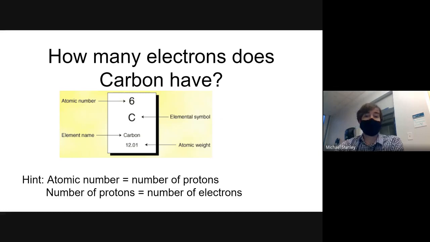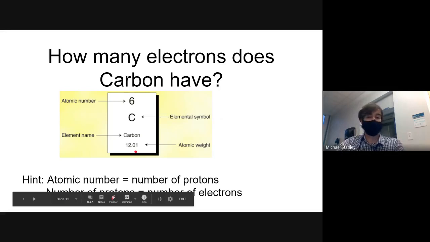Exactly. So that is how we can use the information from our little periodic table box right here to figure out how many of each type of particle are in every single atom if we wanted to. We could go through the list and for each one, figure out how many protons, how many neutrons, and how many electrons, all just based on the atomic number and the atomic mass.